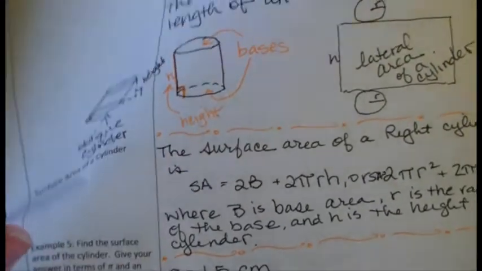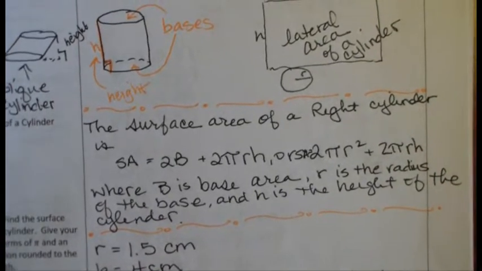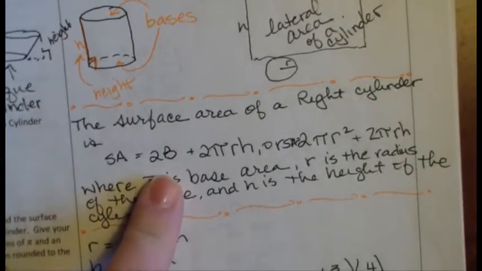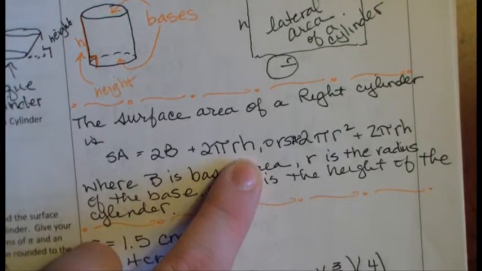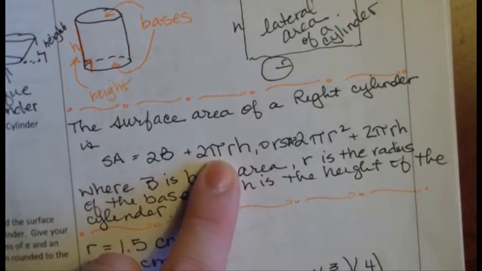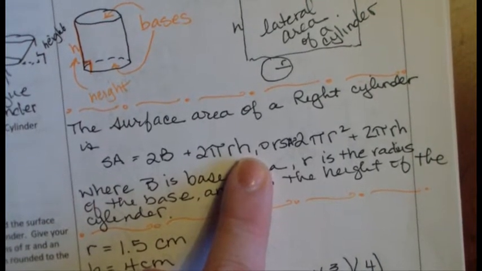So our formula for finding the surface area of a right cylinder is surface area is 2B plus 2 pi rh. Now remember, 2 pi r is the formula for circumference, and then h is the height of your cylinder.